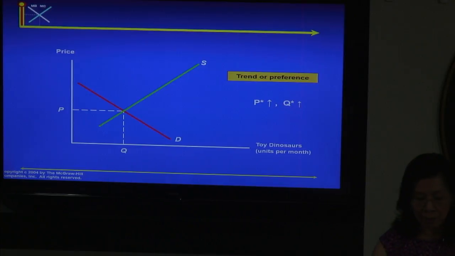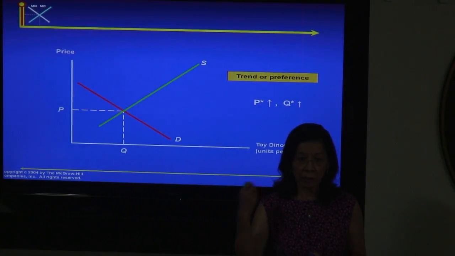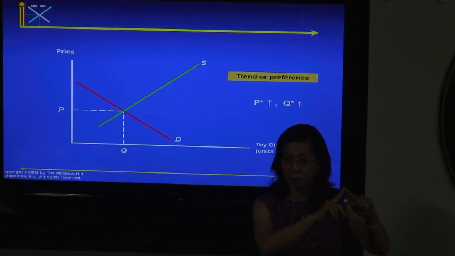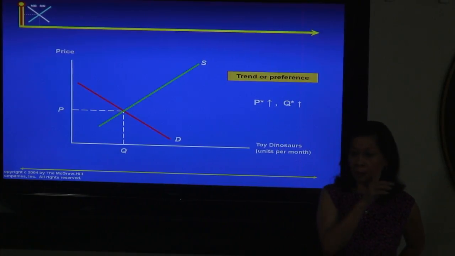Then you have example A in your diagram here. If it is an inferior good, the demand for that particular good shifts to the left if your income goes up. Because income is one of the factors, other than the prices of substitute and complementary goods.